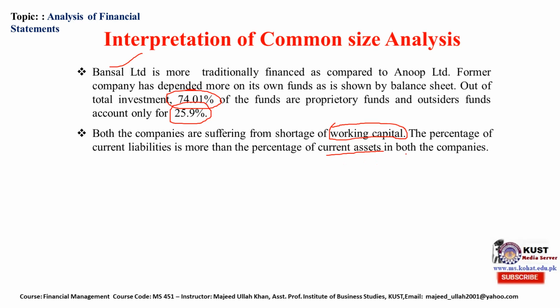So they invested less in their current assets, which may give them a disadvantage over their competitors if a shortage of infrastructure or some riots or political instability occur in the country.